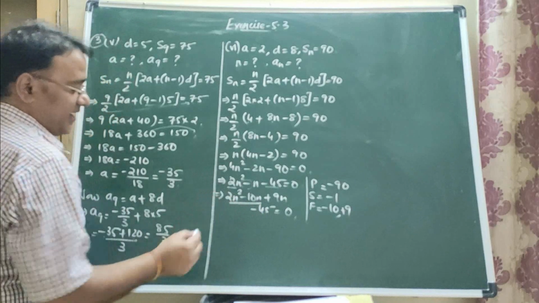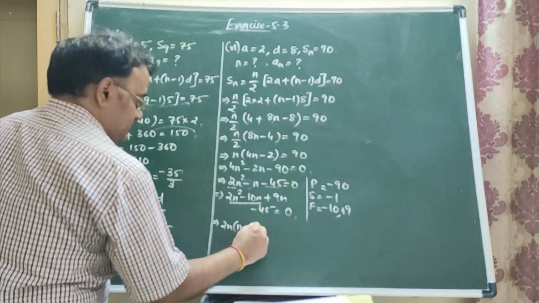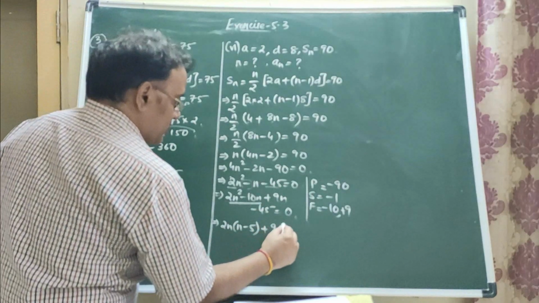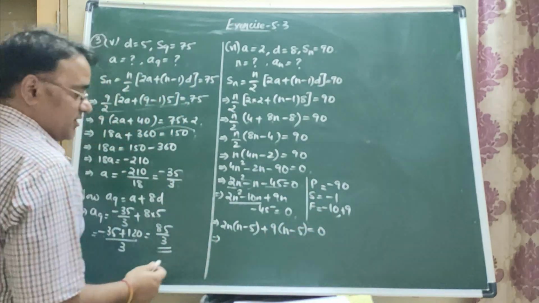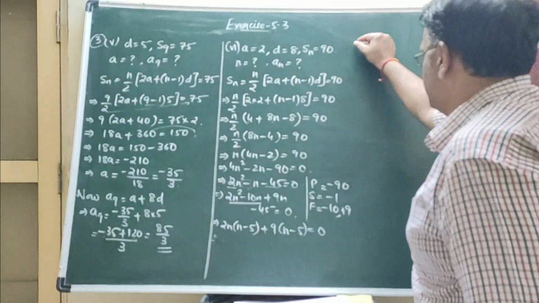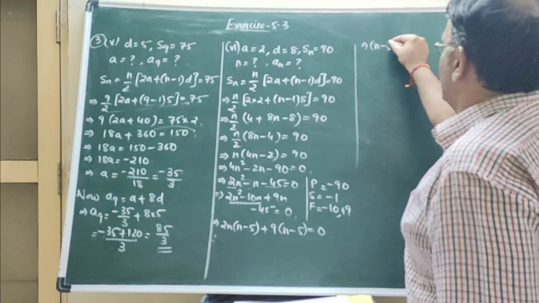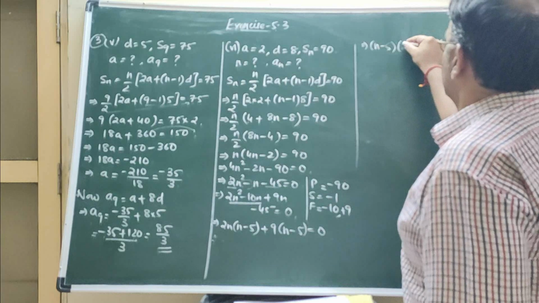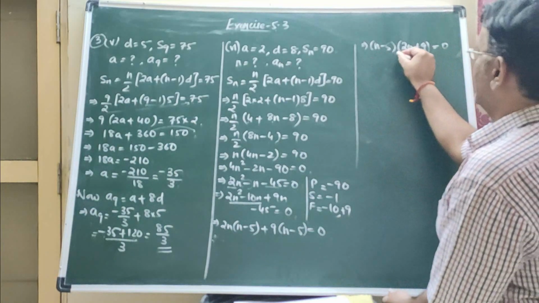Now what we can take common from these two? We can take 2n common. ठीक है, ये दोनों से हम लोग क्या ले सकते हैं, 9 कॉमन ले सकते हैं. So n minus 5 is equals to 0. So finally we'll get the two factors: one is n minus 5 and the second factor is 2n plus 9. 2n plus 9 is equals to 0, right?